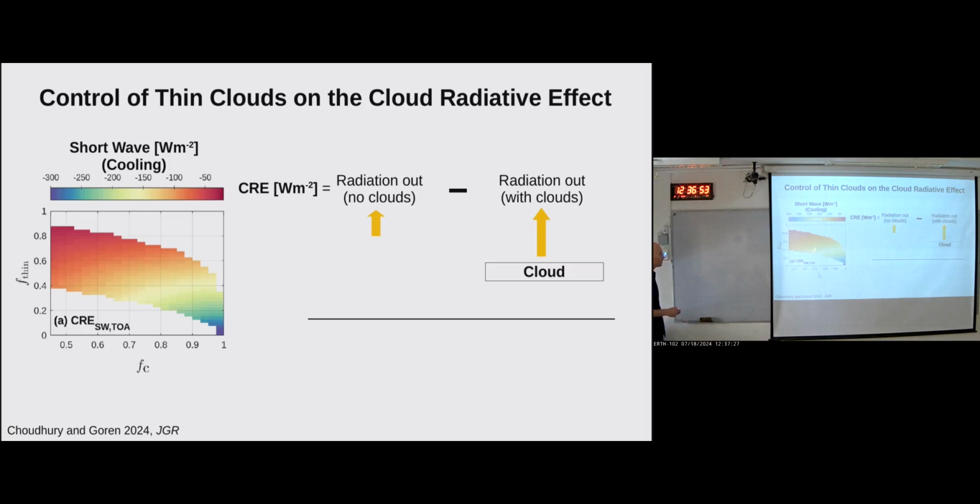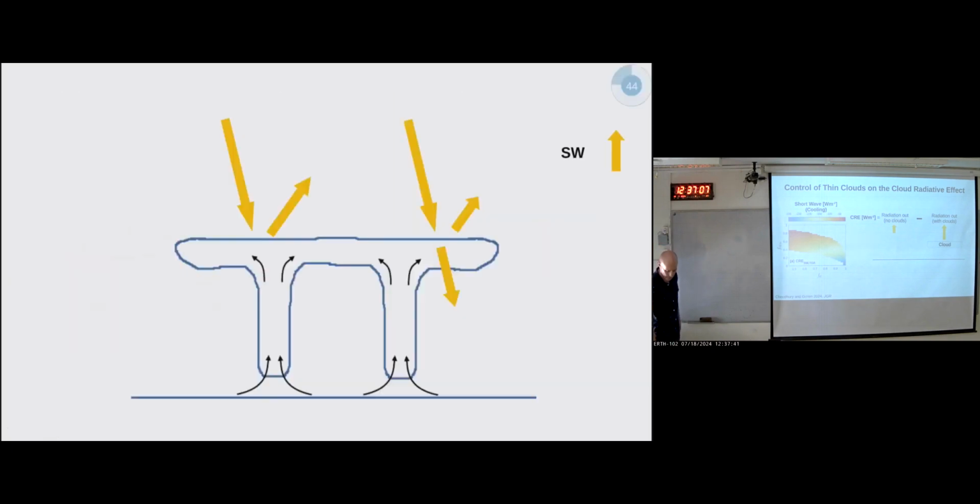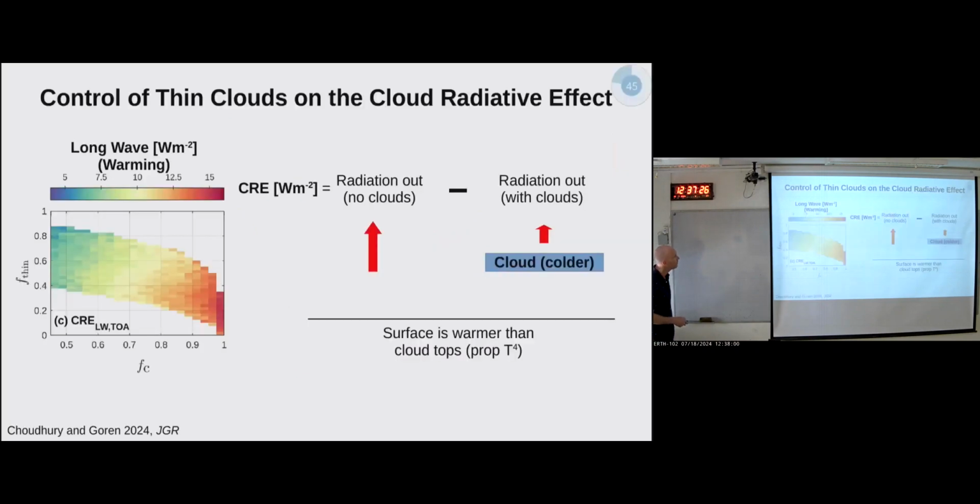So if we go back to this figure and we look at a given cloud fraction of 80%, 0.8, the more thin cloud fraction, the less energy going up to space, because the cloud is transparent. So we have the core, and the core is thick enough, it is white, we saw high albedo, so it reflects most of the radiation. But the thin clouds are thin, so some of the radiation can go through them and some can be reflected back to space. And we did the same for the longwave.